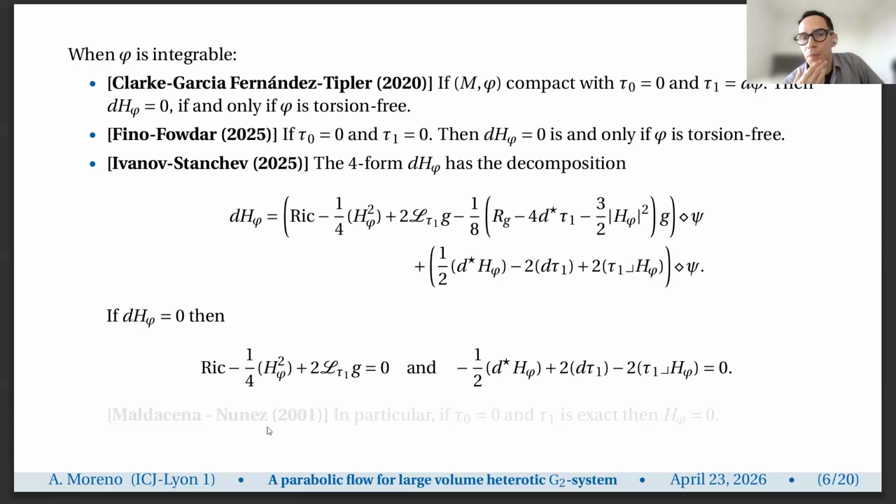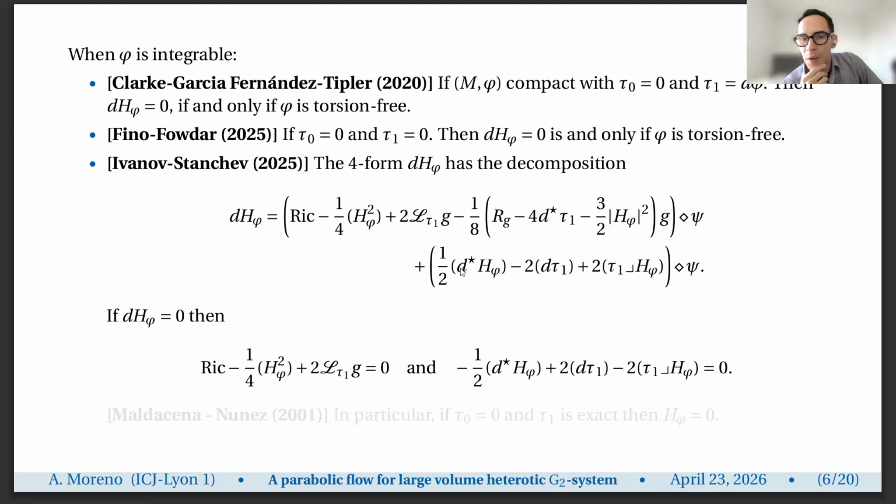Also, there is some other motivation to study this kind of G2 structure, which is motivated, as I said before, by generalized geometry. Basically, it comes from the fact that if you look at the decomposition of the exterior derivative of H5, and you look at each irreducible decomposition of the space of 4 forms, the first line here is given by the component in the 1 and the 27 component of 4 forms.